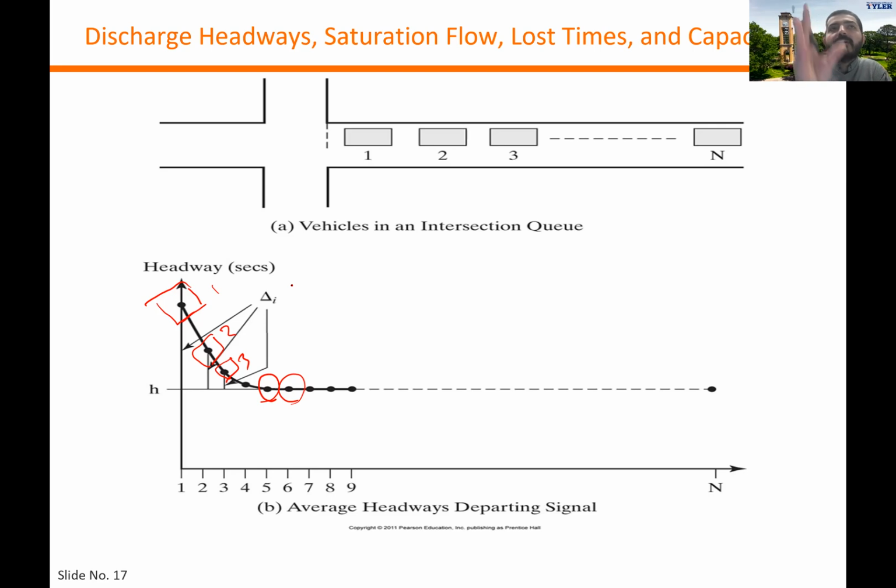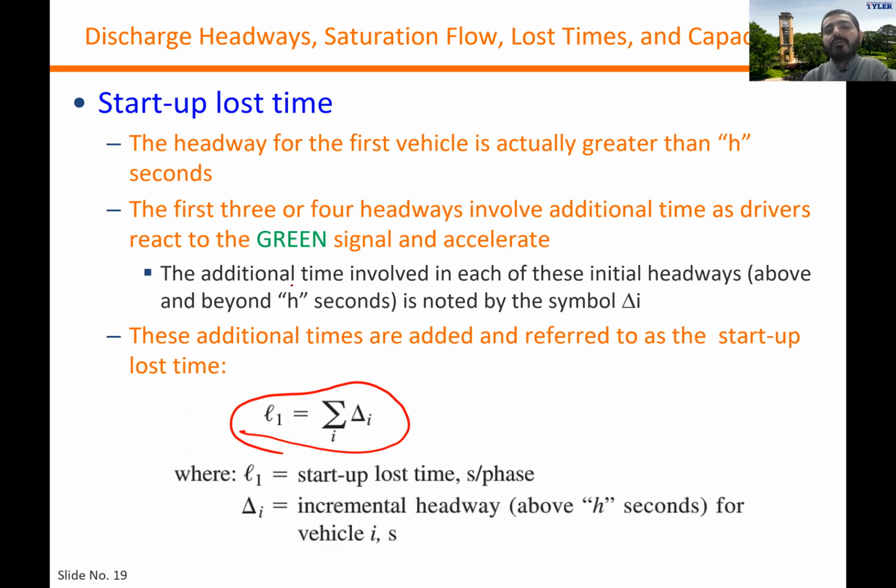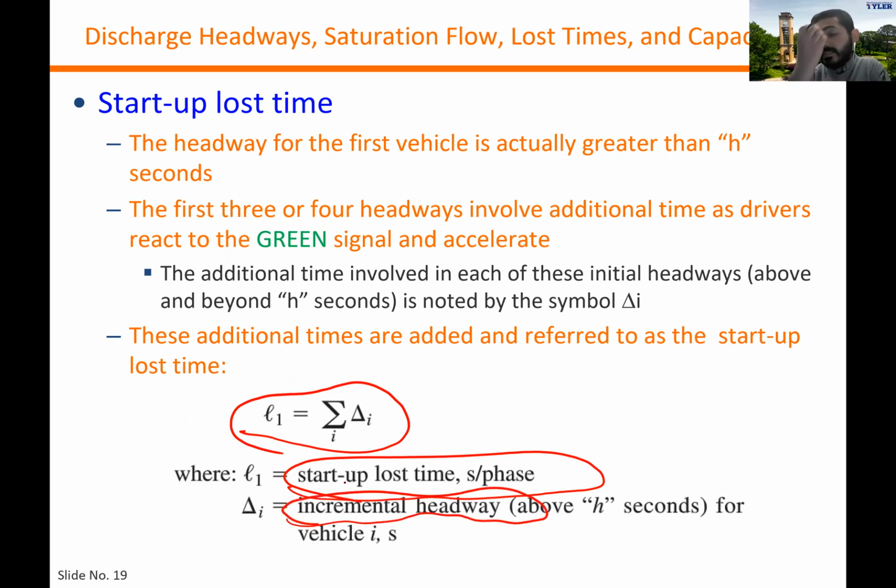Once the green time comes in, there will be some time lost just for the first couple of vehicles to start to accelerate to the highest speed. And it's per phase. Every phase has its own startup loss time. Basically how we calculate it is using the incremental headway, and this is how we get the startup loss time.